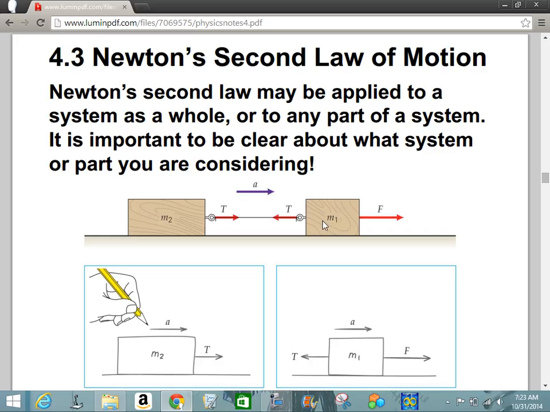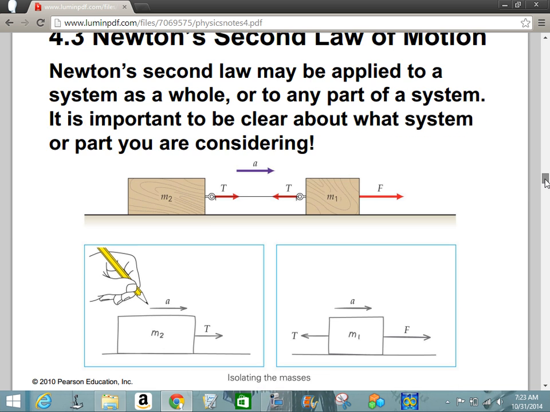This block will then begin to go in motion. However, m sub 2 will want to stay still. This creates tension in this direction, and it creates tension in this direction, but the overall system is accelerating in the direction of the force that's being pulled, the net force, I should say, because there's a lot of forces.